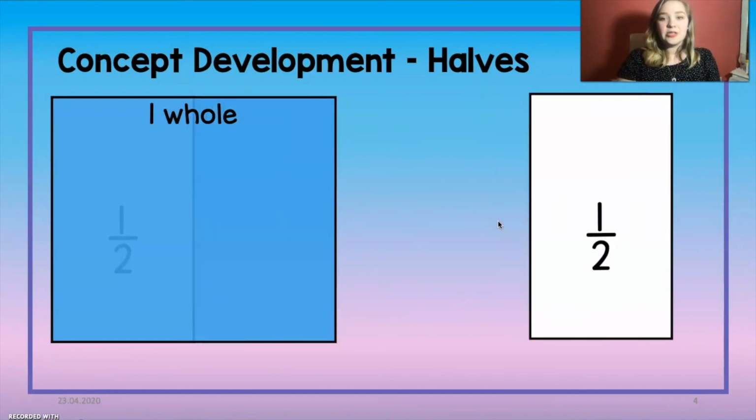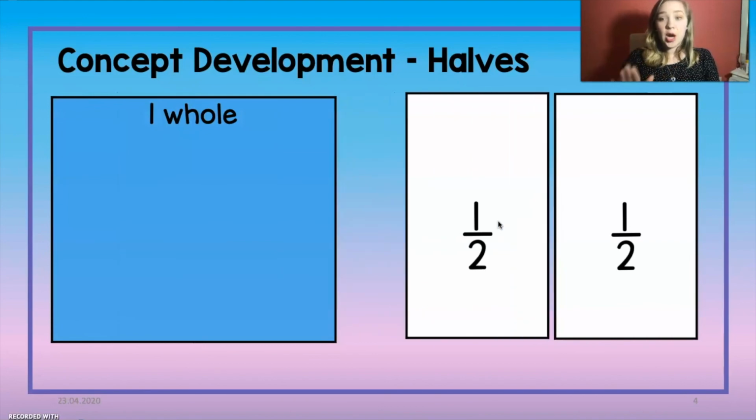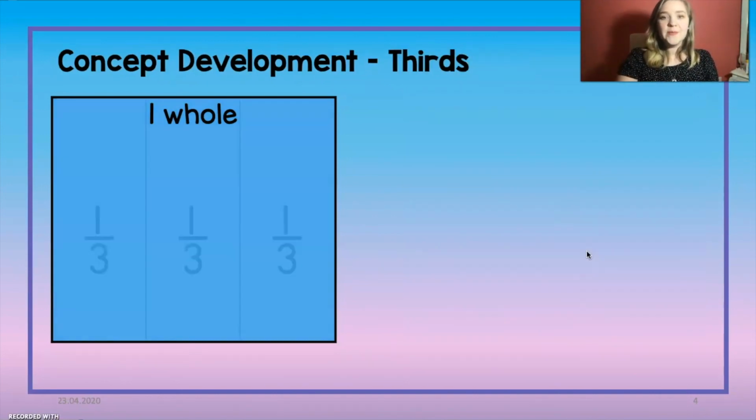And I'm going to do that by just sliding those parts over to the other side of the screen. Here I have 1/2 and 2/2. 2/2 makes up 1 whole because that fraction would be 2 over 2. All right, going on to the next example.